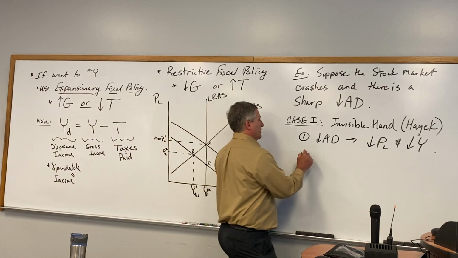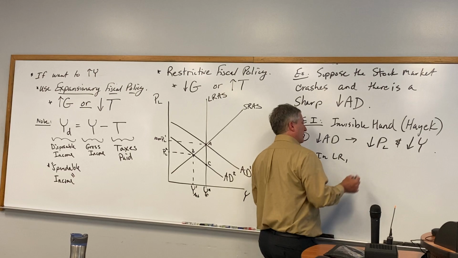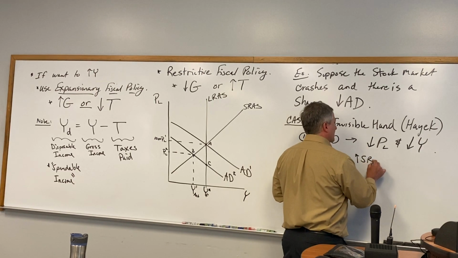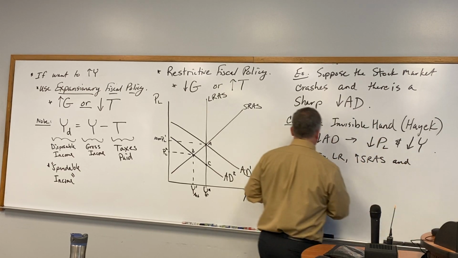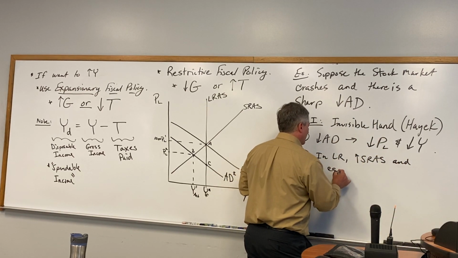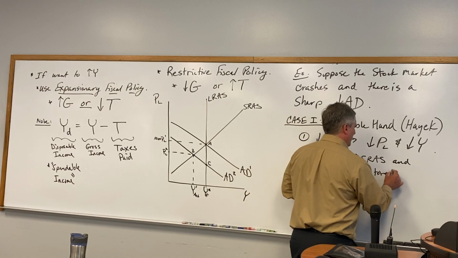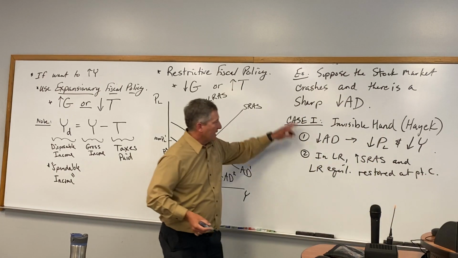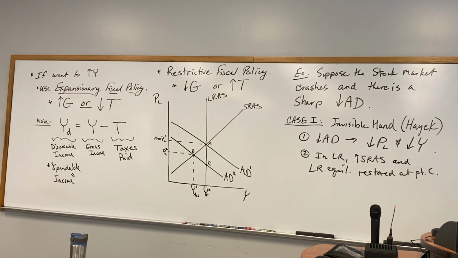So step 2, in the long run, there'll be an increase in short run aggregate supply and long run equilibrium restored at point C. So we did a little more detail 2 days ago when we did this invisible hand part.